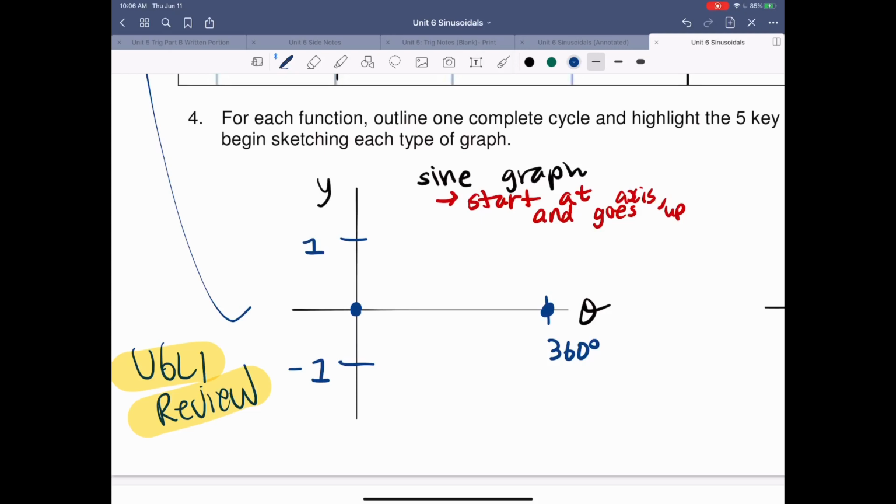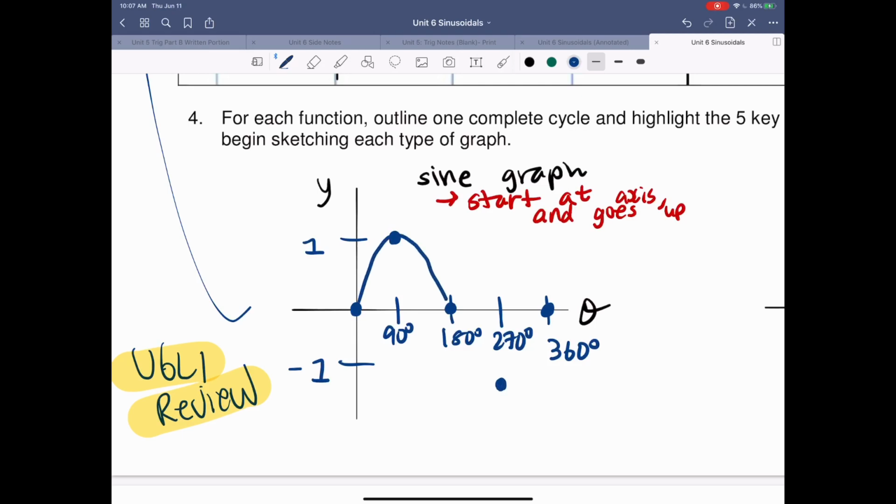And I work my way, and in the middle, the way the sine graph looks, it hits right at the y value of 0. I'm going to draw these little sticks to help me, this is where 90 degrees is, this has to be 270 degrees, and it basically hits 90 degrees, comma 1, and then 270, comma -1.